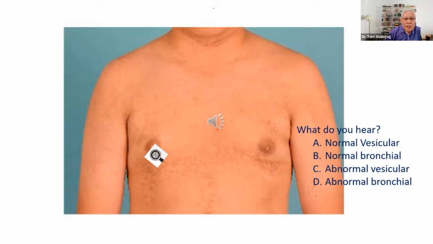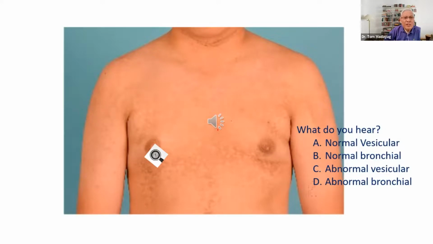Okay, so here is how you answered. A lot of you said normal vesicular. Others say normal bronchial. And another one said abnormal vesicular and abnormal bronchial. Okay, so let's consider the location of the stethoscope.